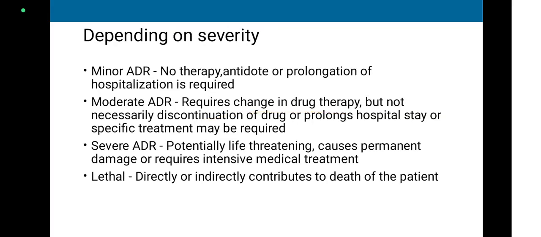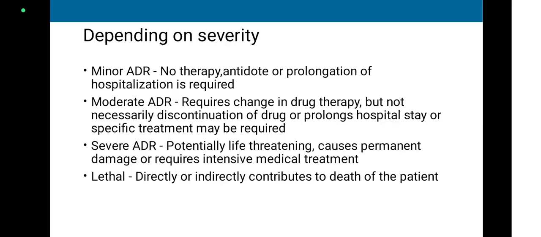Now, the next classification depends on the severity. First one, minor ADR. There is no therapy or hospitalization change needed for this kind of ADR. Second type is moderate ADR, that requires a change in therapy or specific treatment, but doesn't require stopping of the drug.